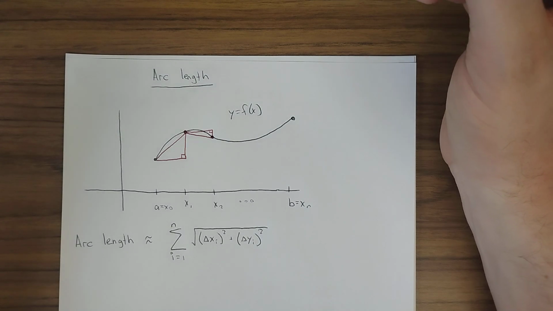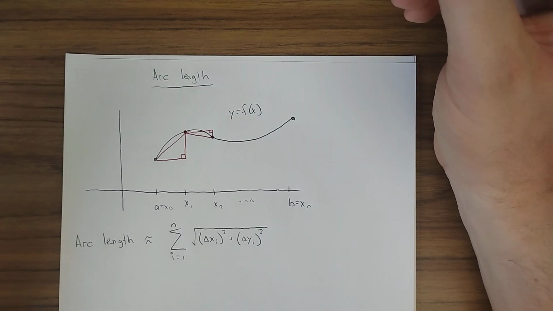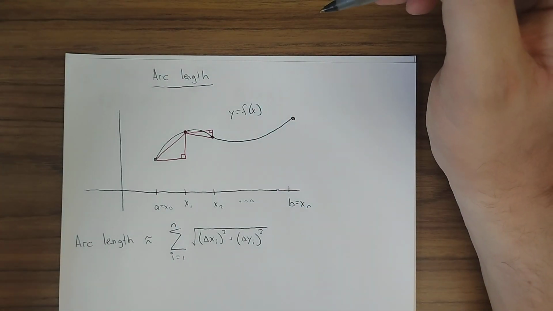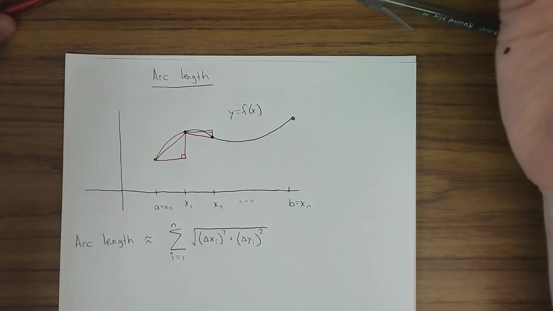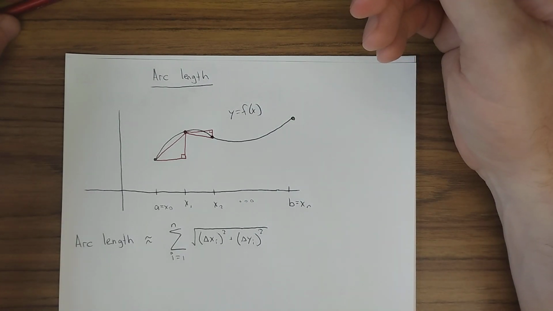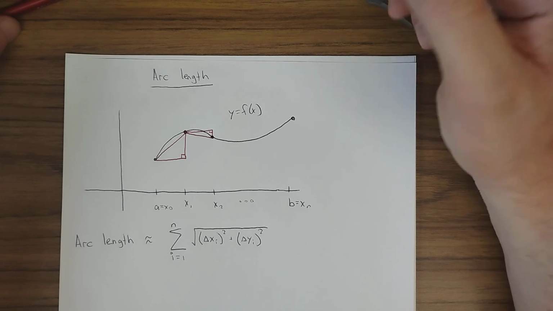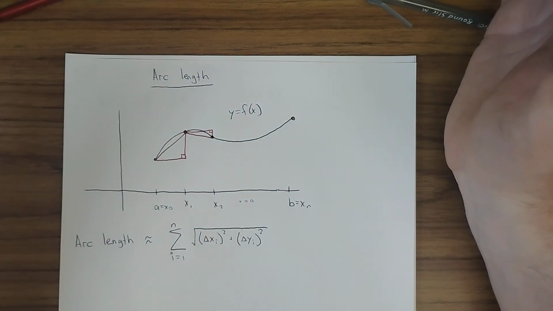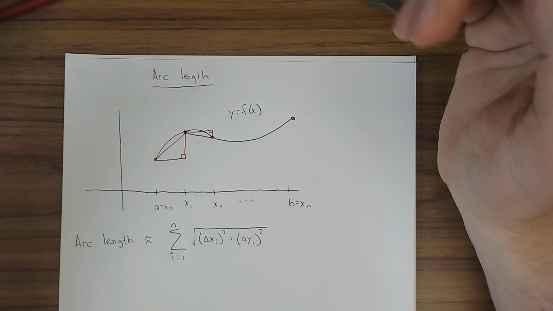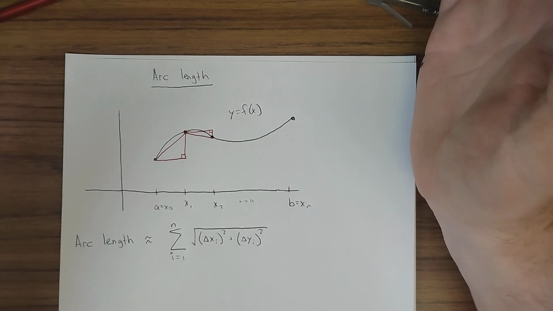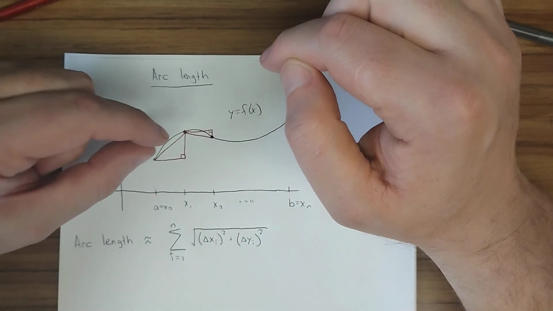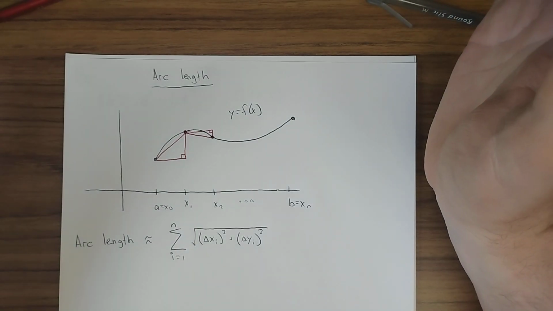And I'm going to derive a formula for it for you, and that's what these red triangles are about. So how do we approximate stuff with integrals? Well, I take the thing that I'm trying to estimate, I break it up into a bunch of little pieces, and I find whatever I'm looking for.